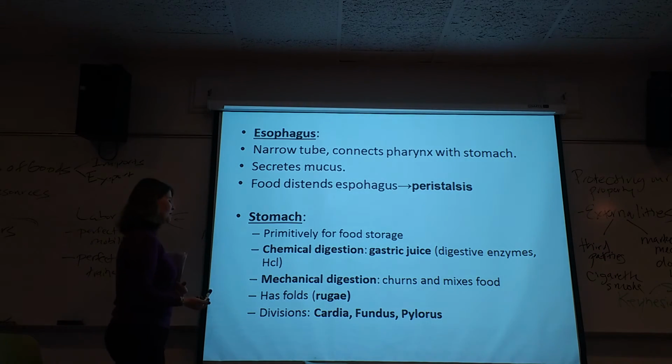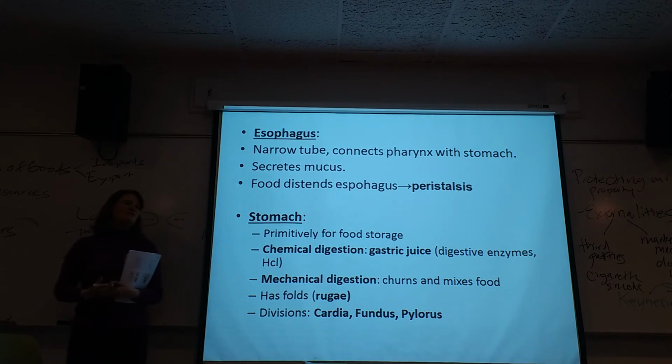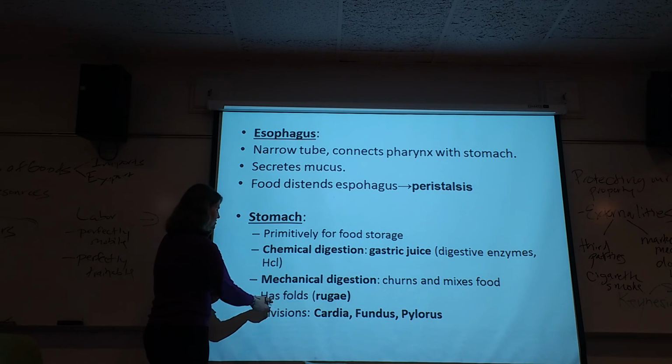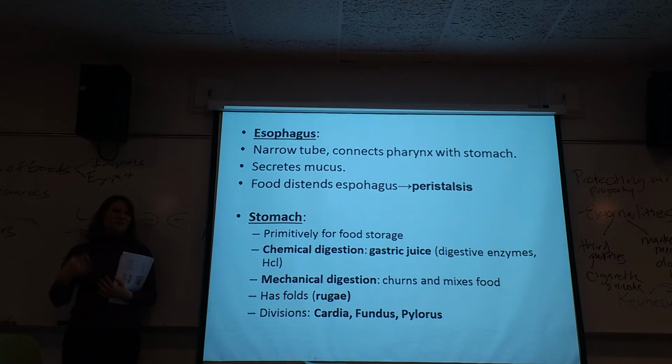It contains rugae, which are these folds on the inner surface that help to add surface area. So if you got to look at the interior of the stomach in your rabbit, hopefully you got to see the rugae. So it's these inner folds of the stomach that help to also provide a surface to aid with mechanical digestion.